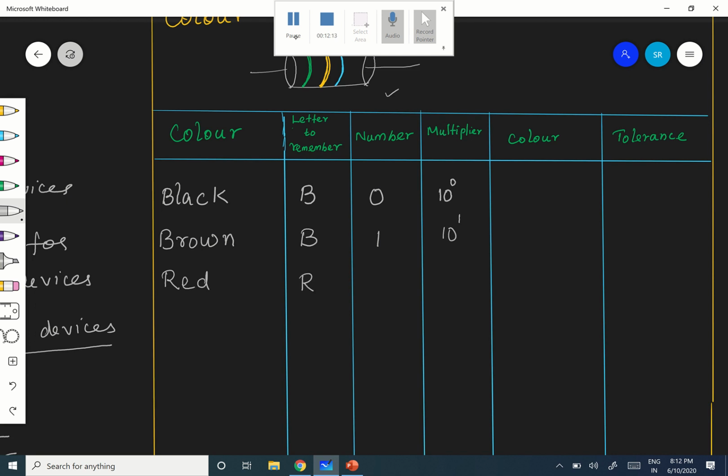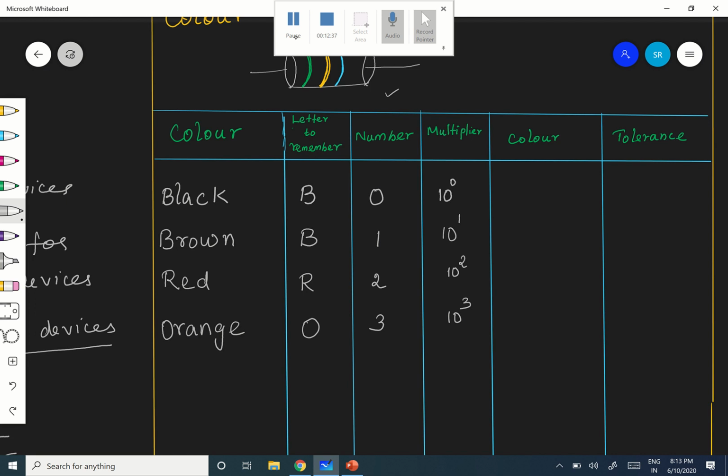Red is R, the number is 2, and the multiplier is 10 power 2. Then next to red is orange, O. You have to remember this; I will tell you a simple slogan for it. Orange is 3, therefore 10 power 3.